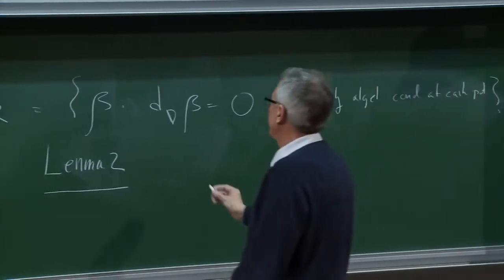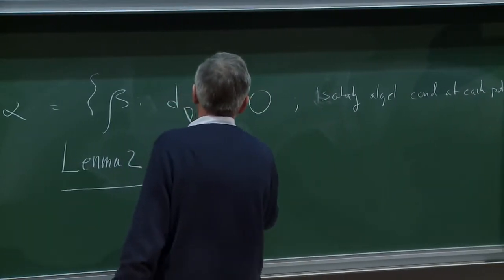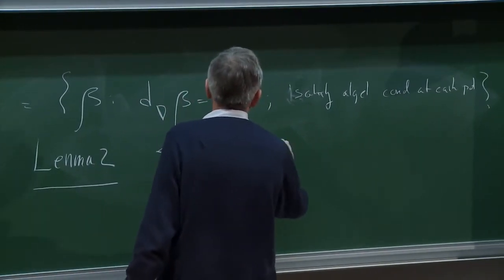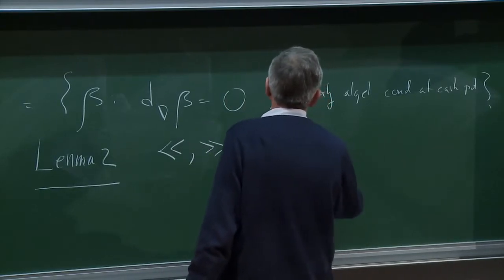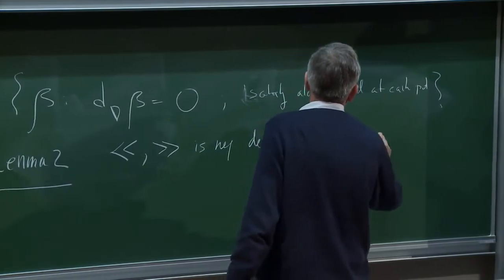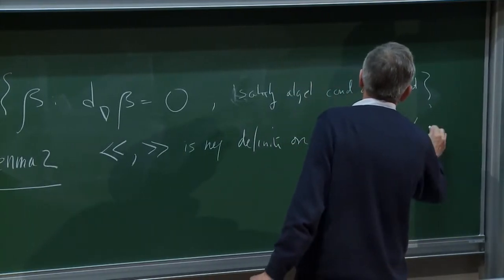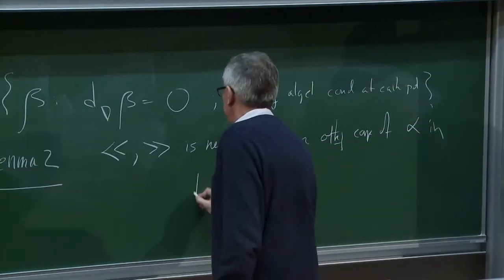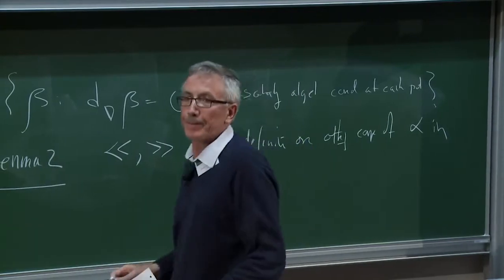Lemma 2 says that this thing is negative definite on the orthogonal complement of alpha in this tangent space.